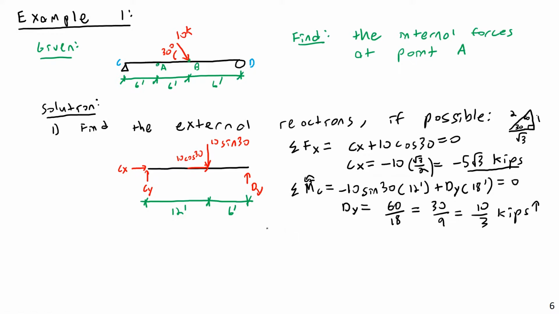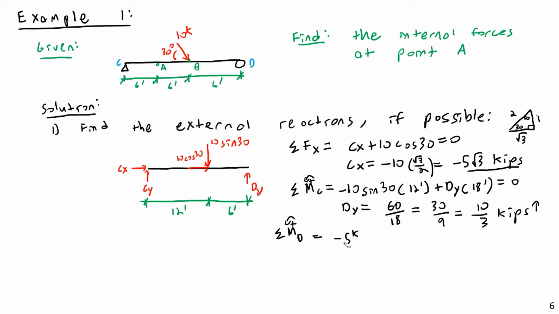10/3 kips. And then I can just do a summation of moments about point D to get my other reaction. And that's going to be 10 sine 30, which is a positive moment, but that's just 5 kips.